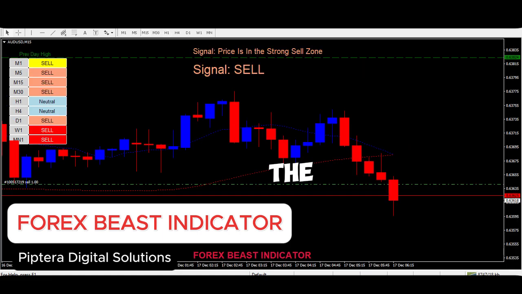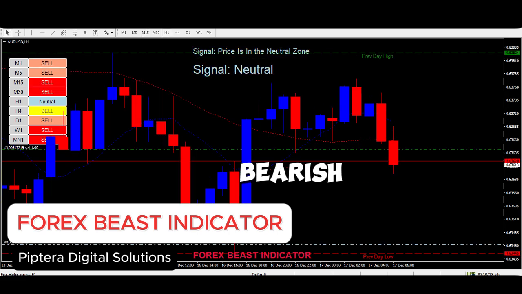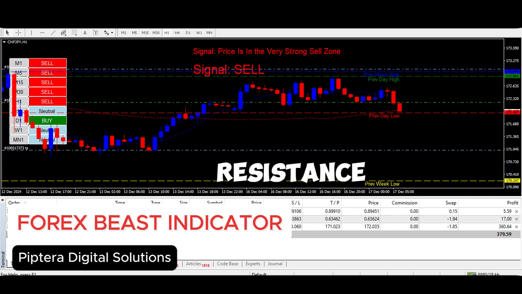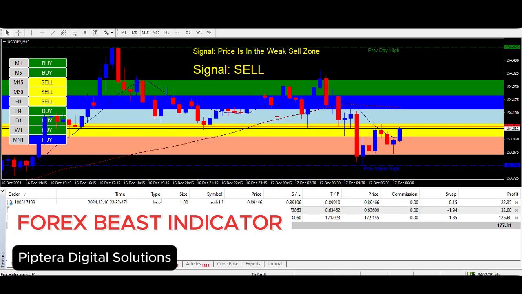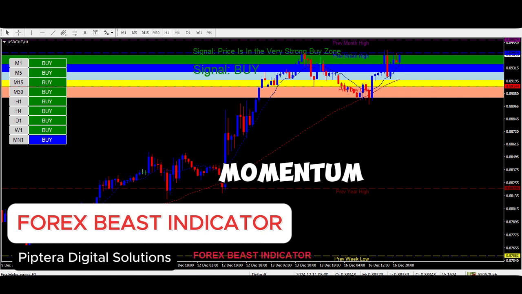The signal on the chart is a sell signal. The current candle is bearish and below the blue moving average. Take a trade, put your stop loss above the nearby resistance level, but make sure the stop loss is wide enough to give the room for the price to breathe back without hitting your stop loss before it continues to fall.